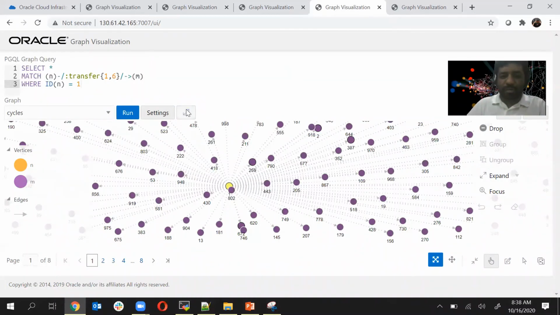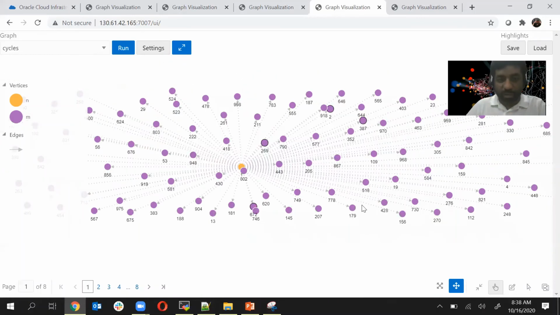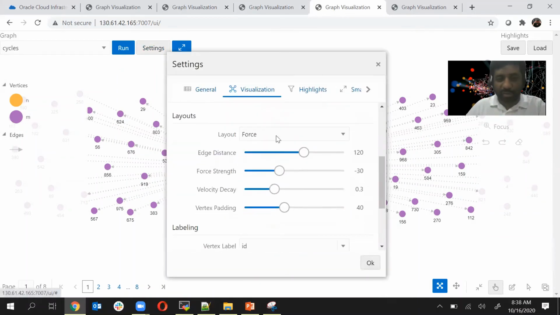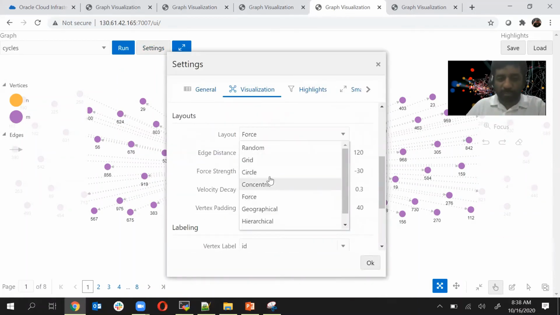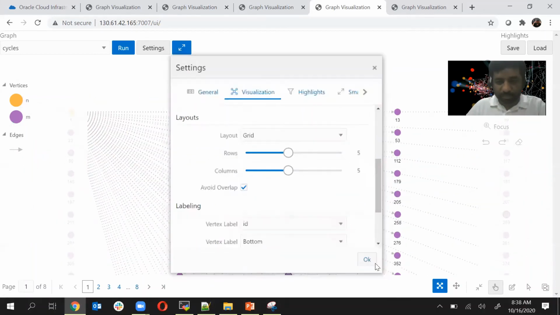So there are different ways to visualize this information as well. This is a force layout, as we can see here, which can be zoomed in as well. But if you want to visualize it in a different way to make things easy for your eyes, you can also go for, let's try to select a grid visualization here.